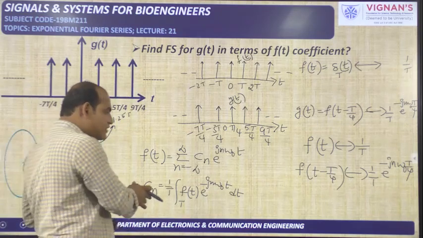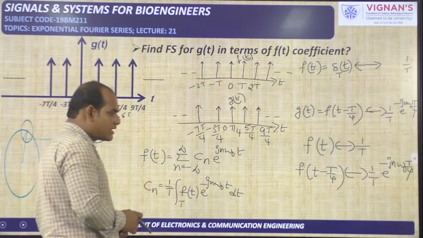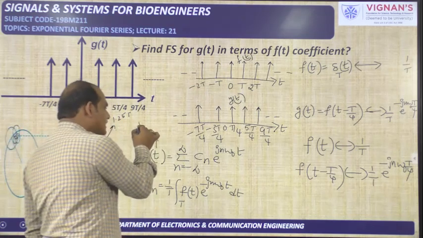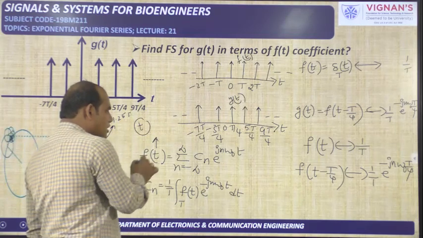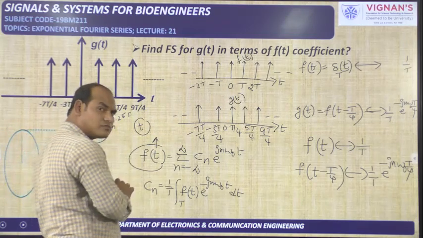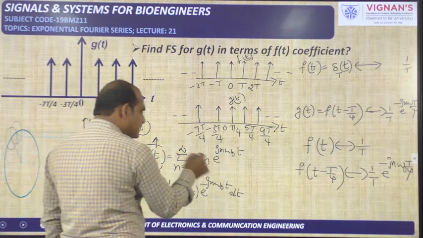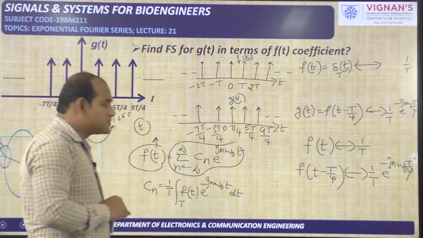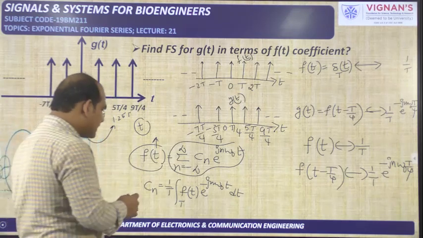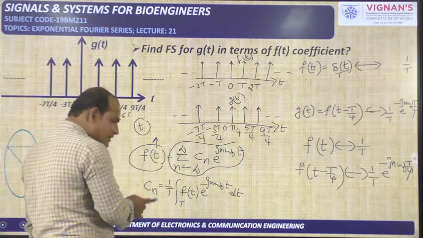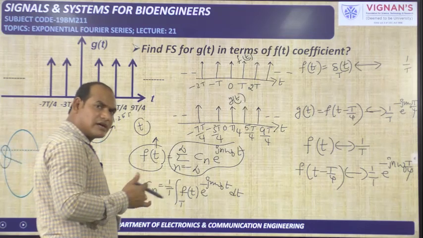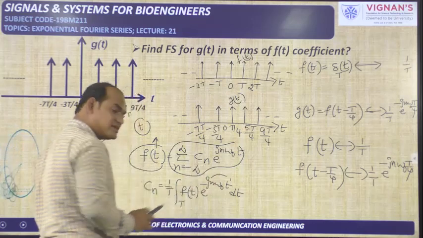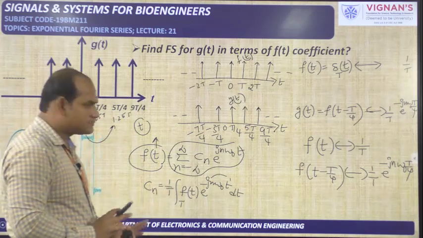So in the Cn equation, you will get e power minus j n omega naught into t. I already told you many times, t is the independent variable. So it is one function or signal. It is equal to this one, which means this is also a signal only. That means it is a variable only. Okay. Next, n is also variable. We know that one. N omega naught here we have to take. N is also variable. So it must be variable. That's why here also n is there, t is there. So variable is equal to variable.